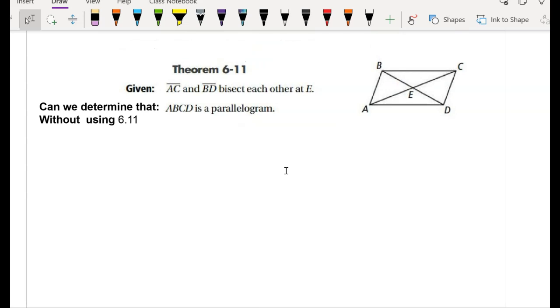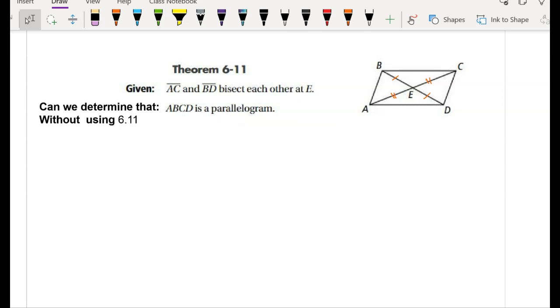Let's see. Let's do our markings. These are congruent. AE is congruent to EC. We want to see if we can reason and determine whether ABCD is a parallelogram.